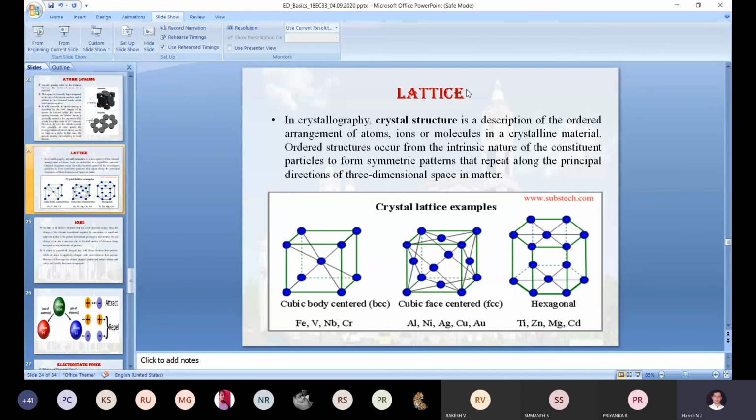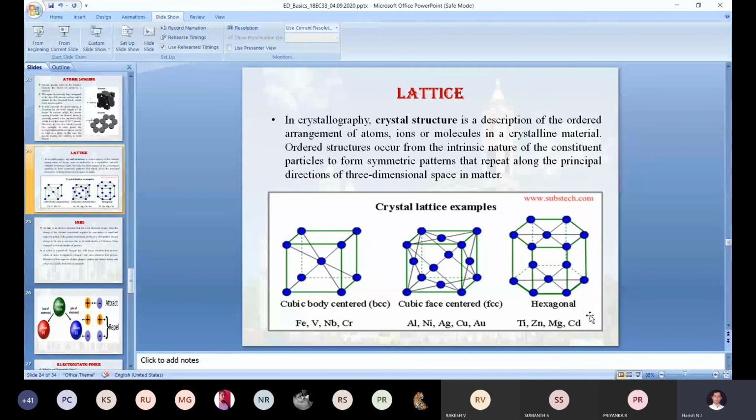Is it clear? In crystal structure, it is the description of the ordered arrangement of atoms. That's all. It may be in the cubic body centered, BCC form, or FCC form, cubic face centered, or hexagonal, or still further different orders.